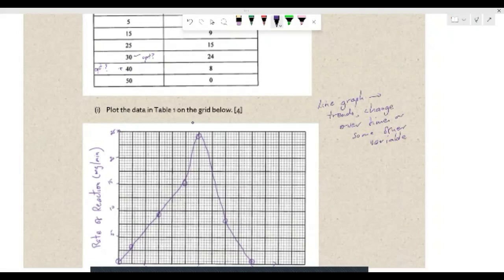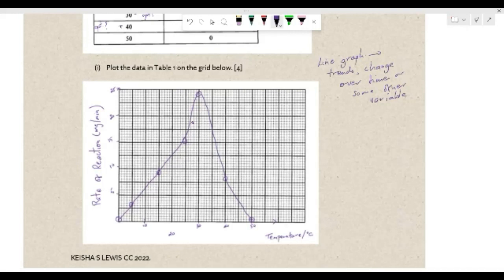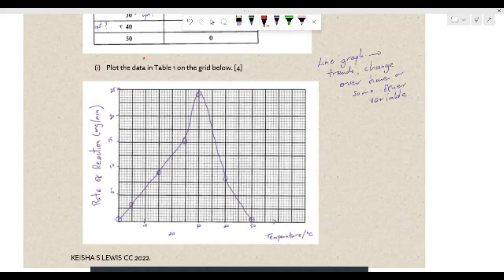So in a case like this, you'll probably get away with leaving out a title. But generally, as a rule of thumb, you should make the effort wherever possible to add a title to your graph. So for example, a title for this graph might be: graph showing change in enzyme activity.